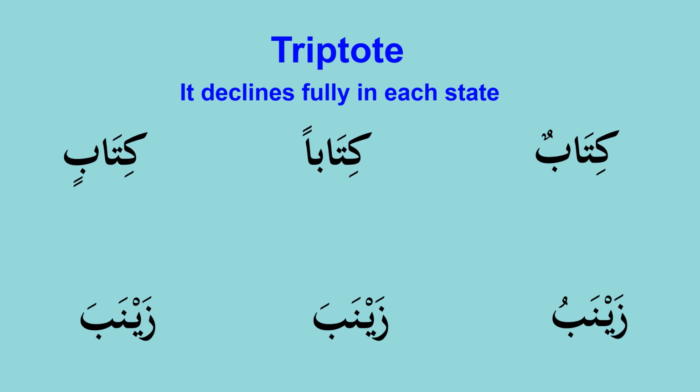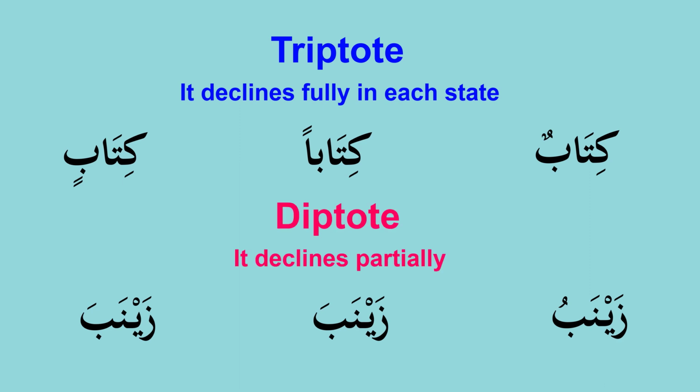Why? Because the noun is diptote. When it is triptote, it declines fully: dun, dan, din. When it is diptote, it goes to dun, then dan, then stays at dan. But we will still call it majroor. And that we will learn soon, inshallah.